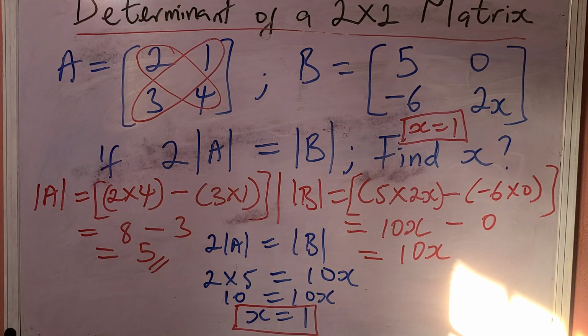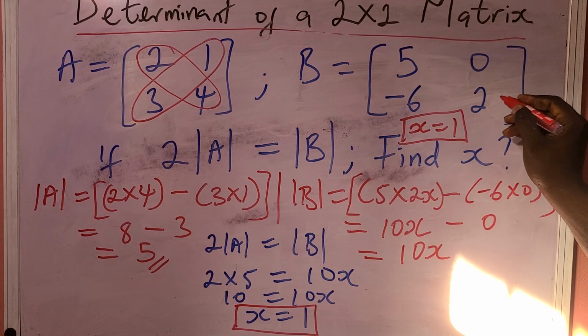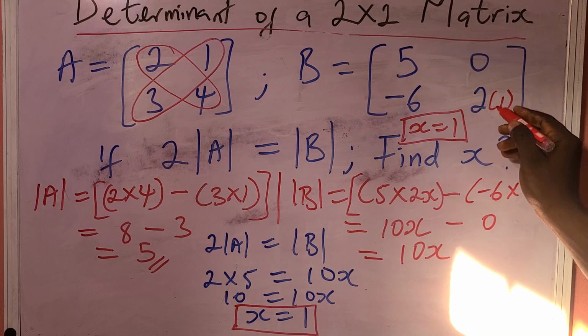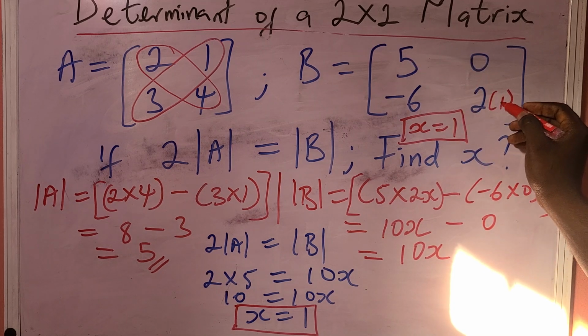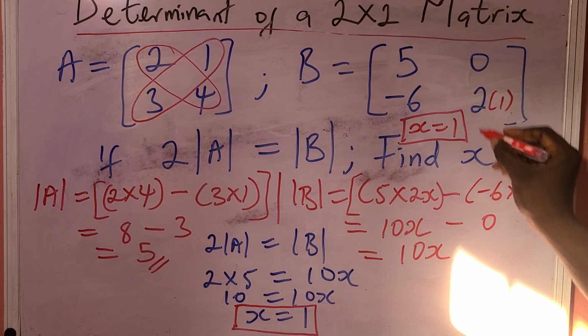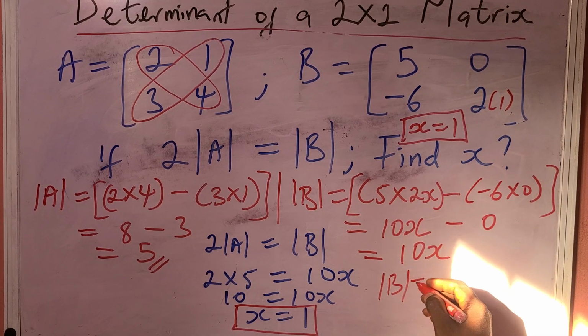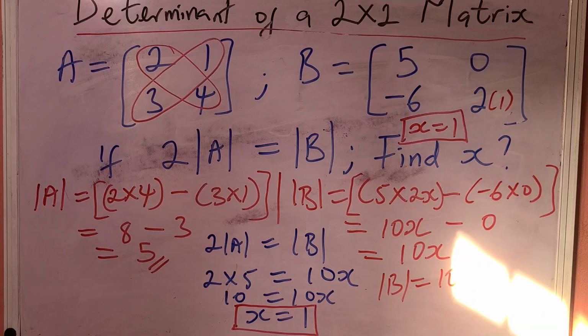Now you can go on to always confirm your answer by fixing your value for x as 1. If you fix in your value of x as 1 in this equation, in this place, that will be 2 times 1. That would make it 5 times 2 minus 0. That will be 10 minus 0. So our determinant for B will be 10.